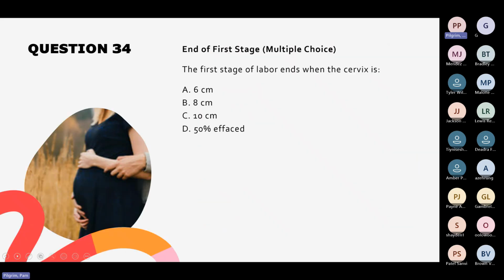Question 34, end of first stage of labor. The first stage of labor ends when the cervix is what? If you're just coming in, make sure you're on mute, guys.